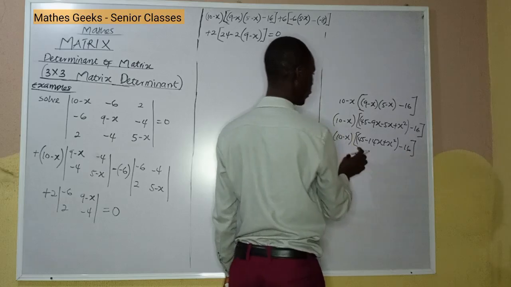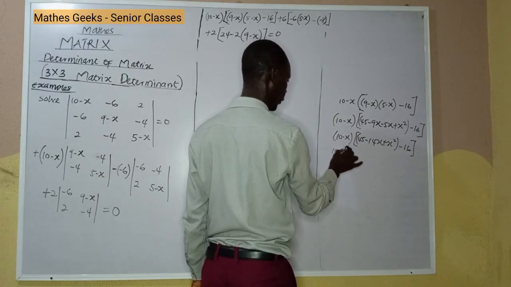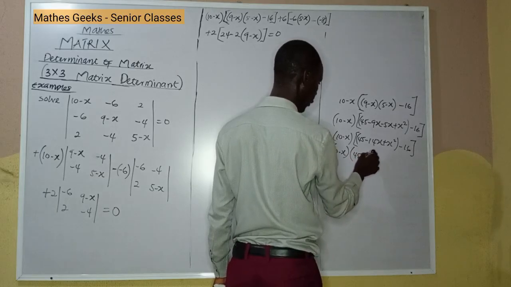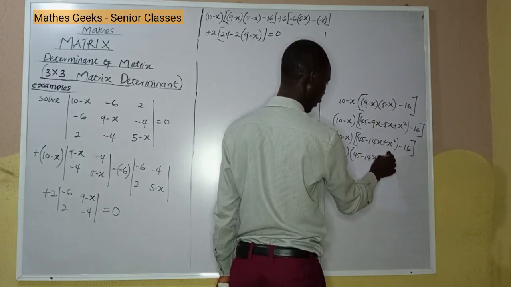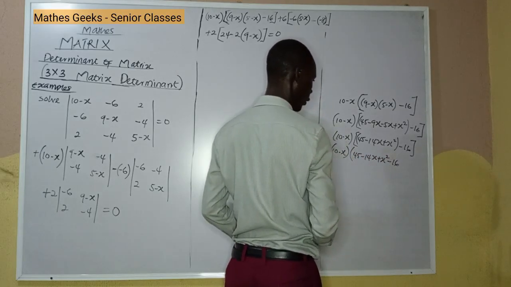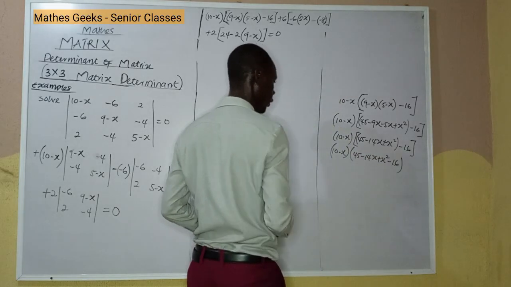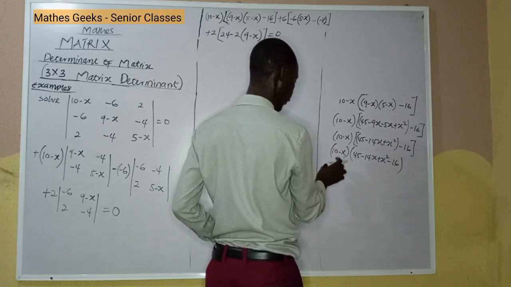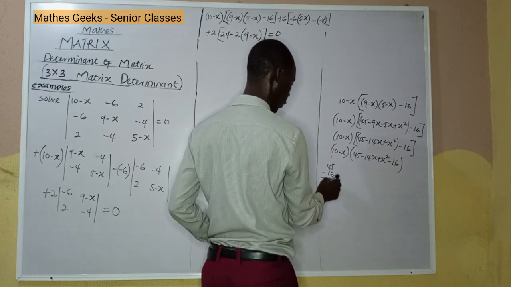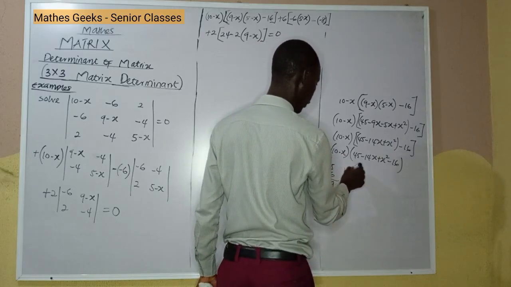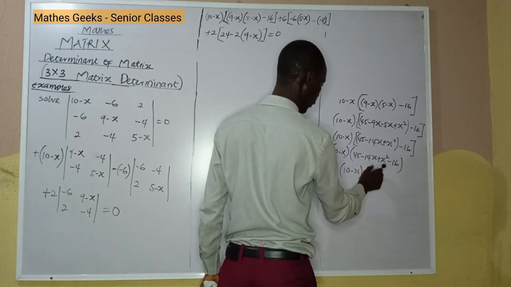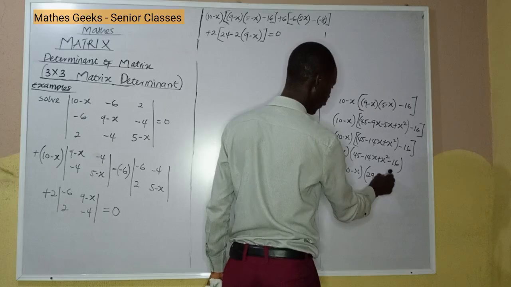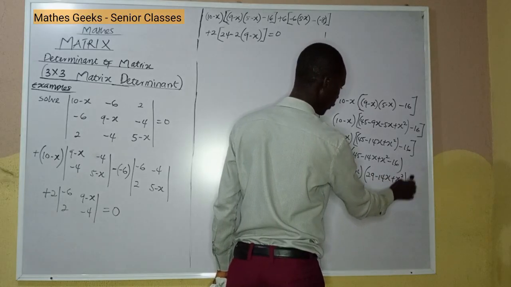So open our bracket, 10 minus x, we should have 45 minus 14x plus x squared minus 16. So 45 minus 16 gives us 29. So 10 minus x times 29 minus 14x plus x squared.